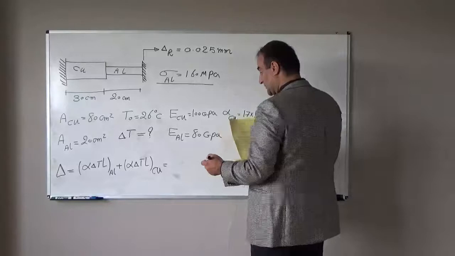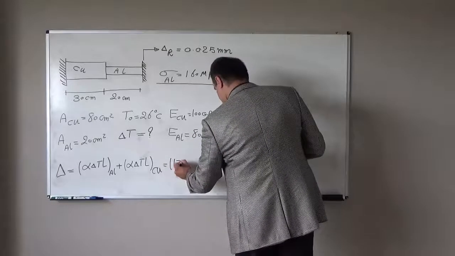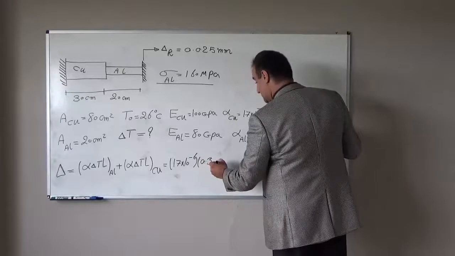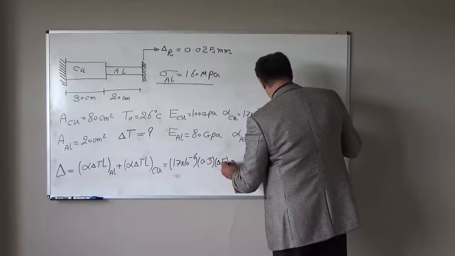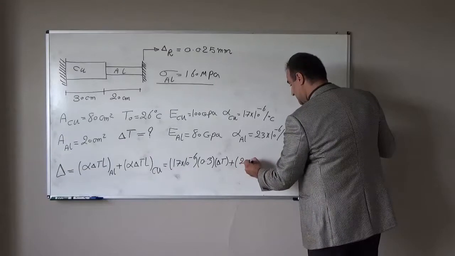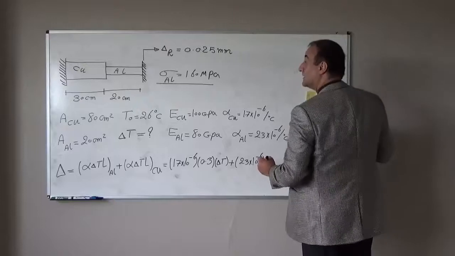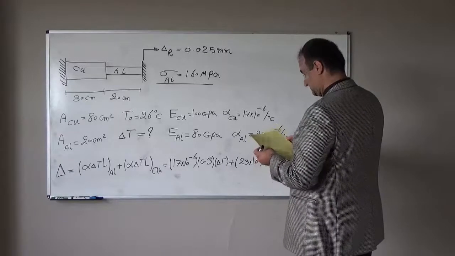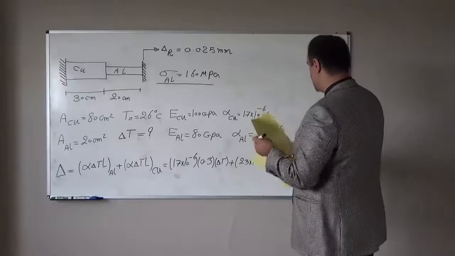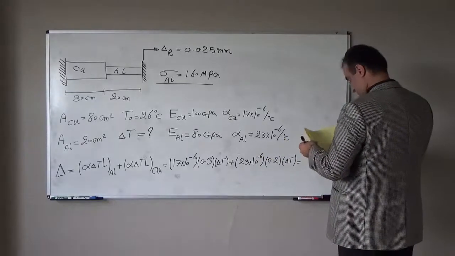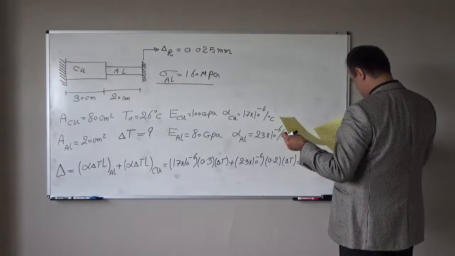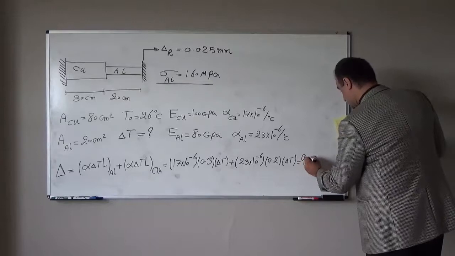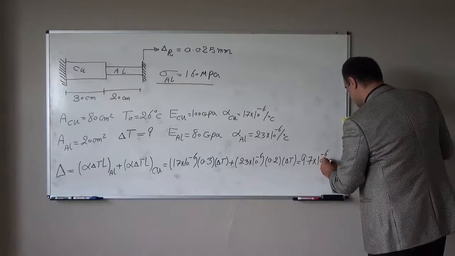If I plug these numbers in, I will have 17 times 10 to the power of negative 6 times the length for copper, 0.3 meter, 30 centimeter, times delta T, plus alpha for aluminium, 23 times 10 to the power of negative 6, length 0.2, times delta T. This will be equal to 9.7 times 10 to the power of negative 6 delta T.